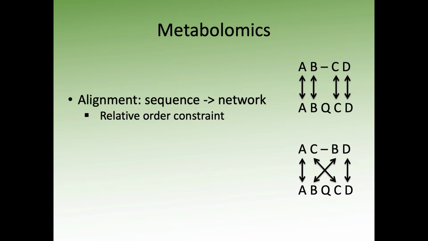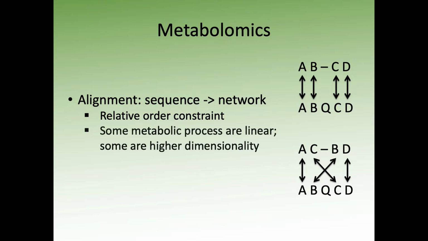So in that sense, there is a flow or a linear process or a directional process that's involved, right? And some metabolic processes are incredibly linear. Others of them have much higher levels of dimensionality, meaning that there's not just one way to get from point A to point D, right? There are multiple ways that we could go.